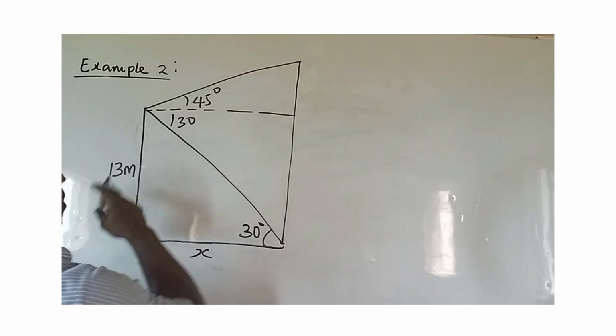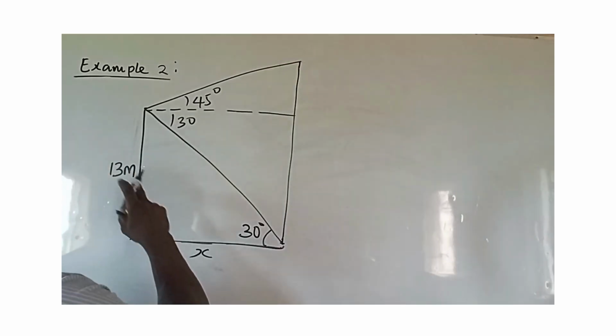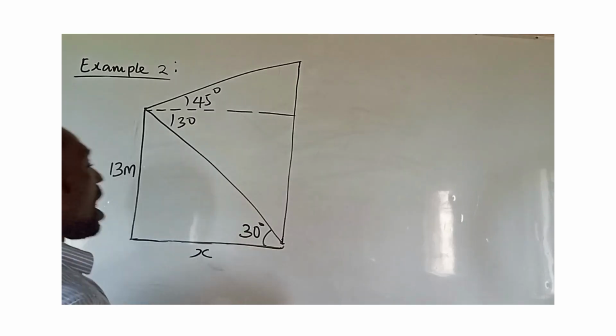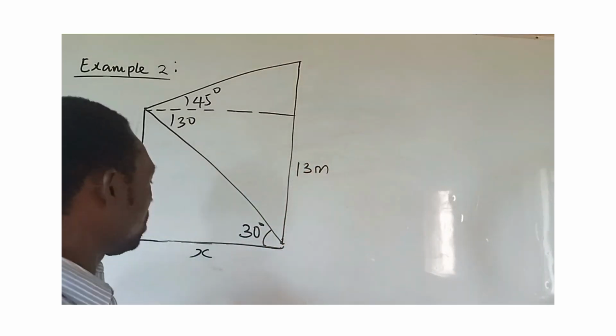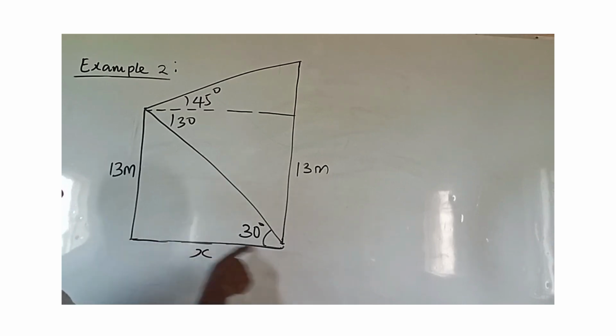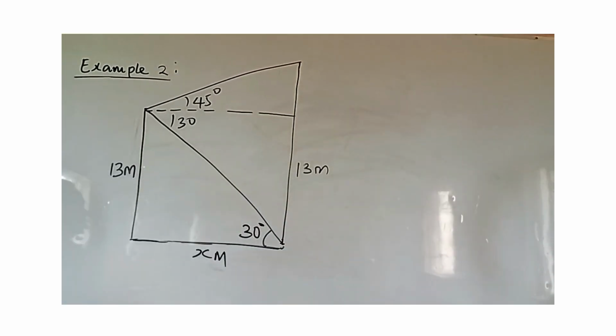And from our properties of plane shapes, if you have a rectangle, the two opposite sides are equal and parallel. So here is 13 meters as well, which is the opposite of this other side. So we now have to find the distance between the first tree and the second tree, which is x meters.